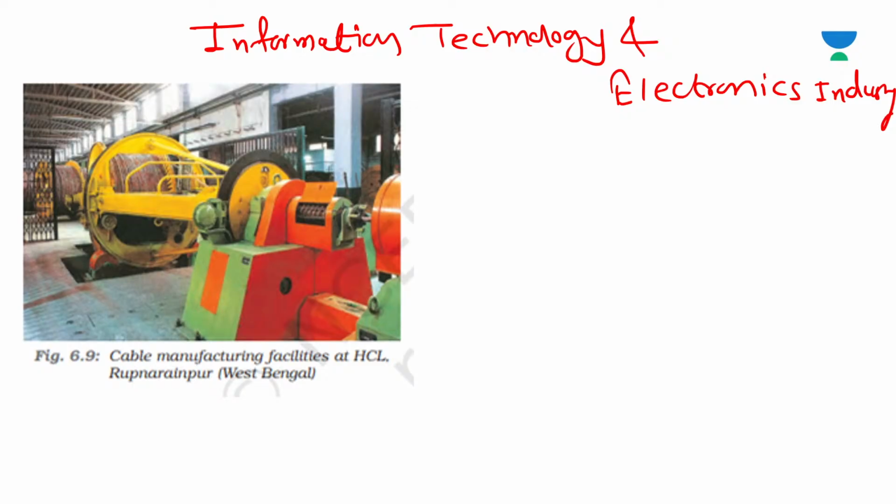So, the continuing growth in the hardware and software is the key to the success of IT industry in India. So here is the picture given. There is the cable manufacturing facilities at HCL in Rupnarayanpur, West Bengal.